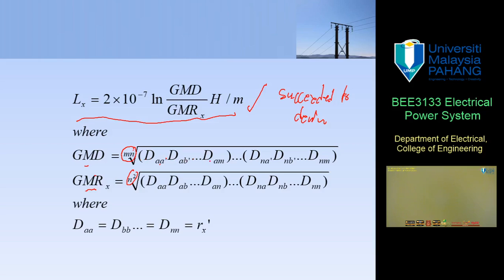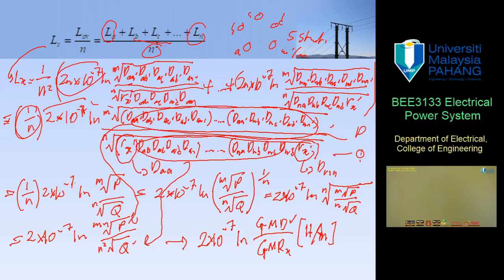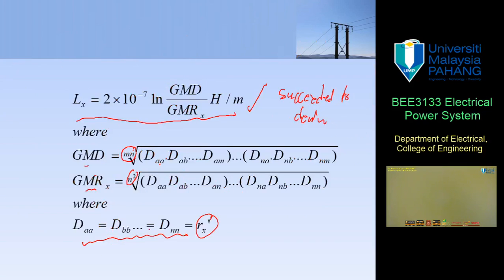The one with no prime is the GMR. I mentioned that we agreed already: this one, this one, and this one, DNN, DBB, DCC, DDD, become Rx.